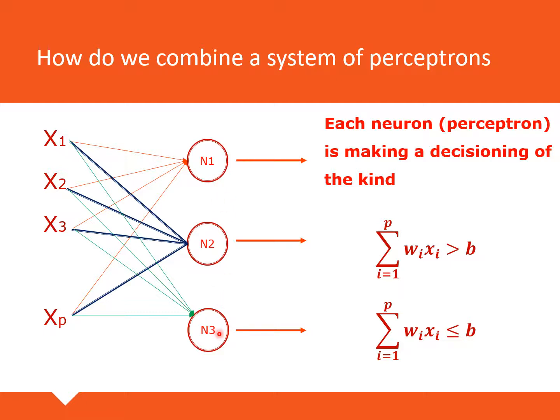So the choice of weights need not be the same for all three perceptrons, right? So the setup is that there are p many features or p many factors out here, and all of them are sending information to each of the three perceptrons, and then each perceptron is doing a decisioning of this nature, and the weights involved can potentially be different for all three neurons.